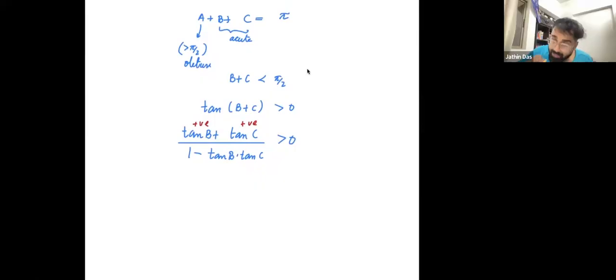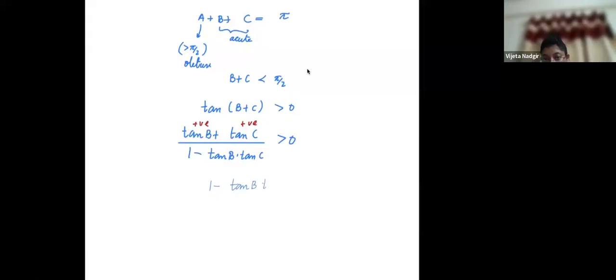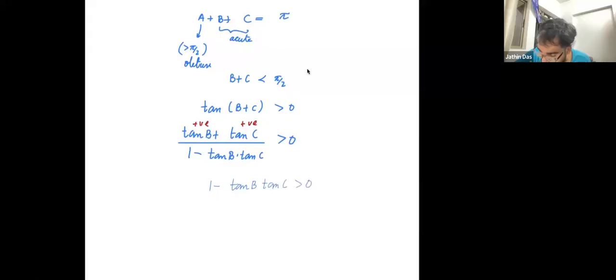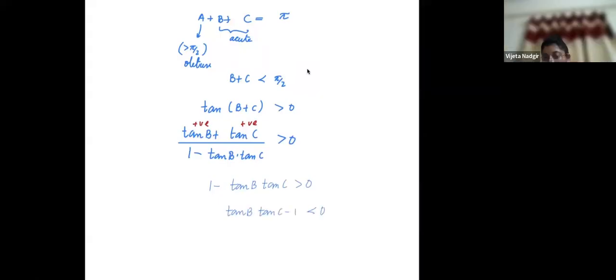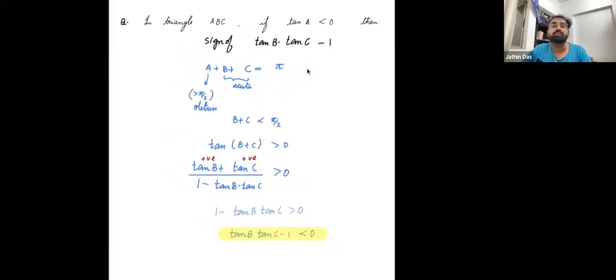So the numerator is positive, so the denominator is also positive. So tan B tan C minus 1 is greater than 0. Got the hang of it? Like this question? Okay.